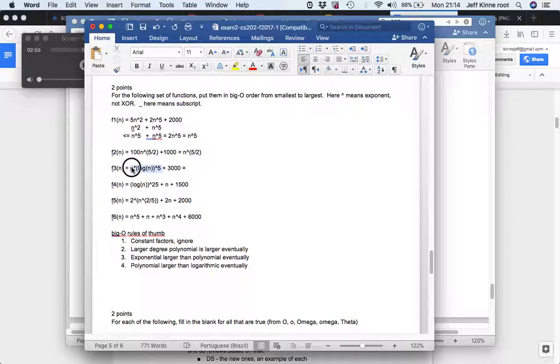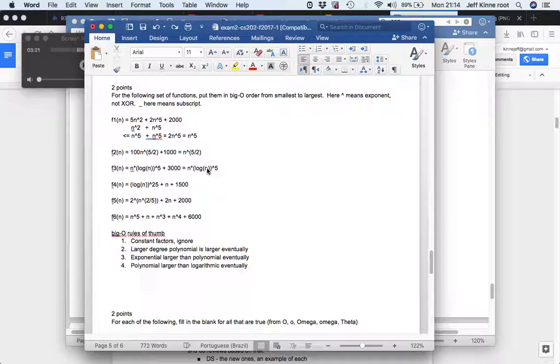Then we would have this here, which is n times the quantity log n to the 5th. So we have log n to the 5th power times n. Alright, can we just get rid of the log n to the 5th in terms of Big O? Answer is no, you cannot.